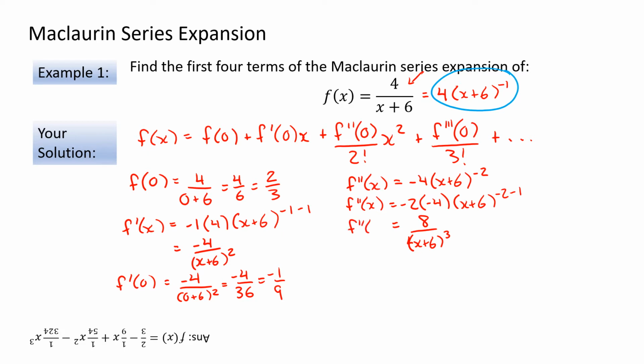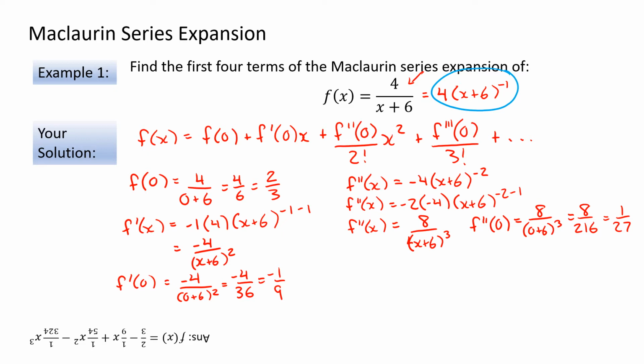So that is f double prime of x, or the second derivative. Now, substituting in f double prime at 0, we get 8 divided by 0 plus 6 cubed, and what we get for this is 8 divided by 216, which simplifies to 1 over 27. So I'll leave that as f double prime, and then when we substitute it into our final equation, you'll see that we'll do it with the divided by 2.